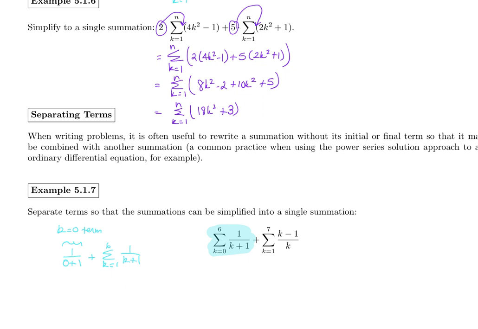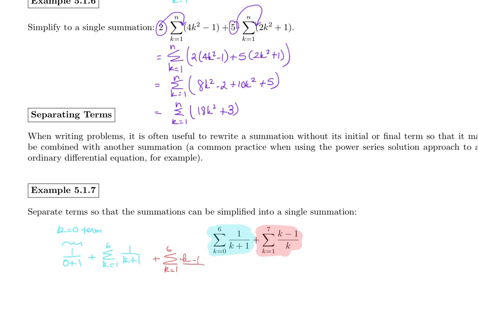So let's see how that affects the second one and what we need to do to that one. Well, the nice part here is that we've got k equals 1 on the bottom already. So our lower limit is already k equals 1, but we need it to stop at 6.